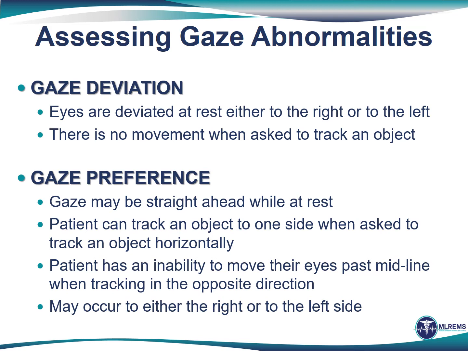The other is something called gaze preference, and that's where the patient may have a gaze that is straight ahead while at rest, and the patient can track an object to one side when asked to track the object horizontally, but they cannot move their eyes past the midline when tracking it in the opposite direction. Now, this can occur either to the right or the left side when you're assessing for gaze preference. So to put this into perspective, we're going to watch a short video on how to assess for evidence of gaze preference or gaze deviation.